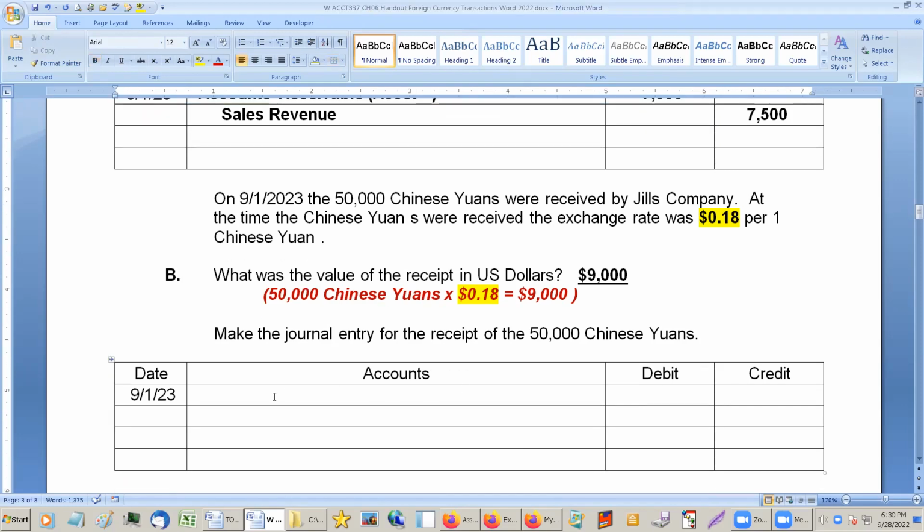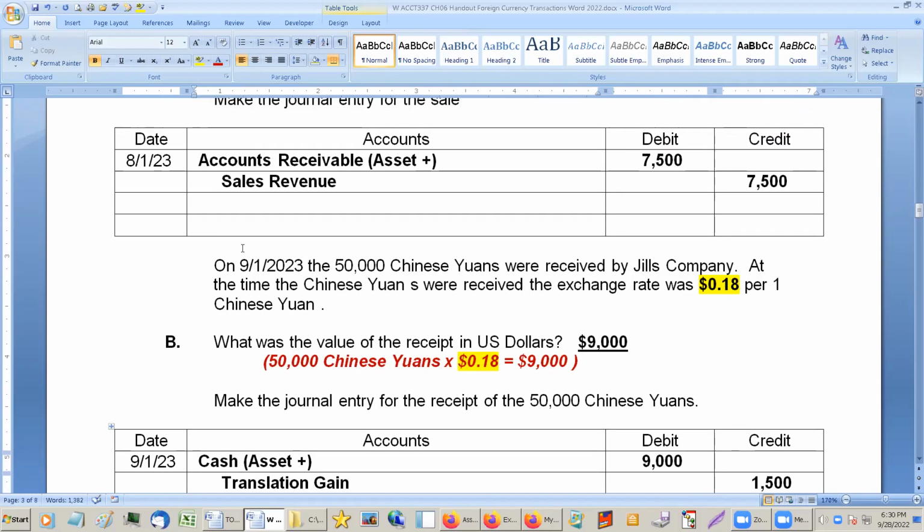Okay, so I switched them. Yeah, exactly, so cash will be the 9,000. And you're right, it'll be a gain. Yeah, it probably should be called foreign currency translation gain, but we know what this is.